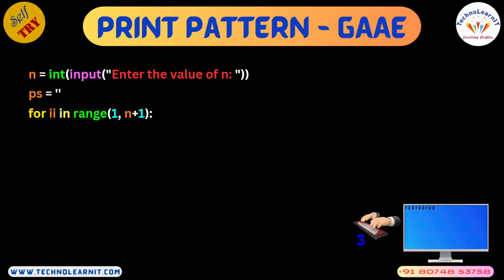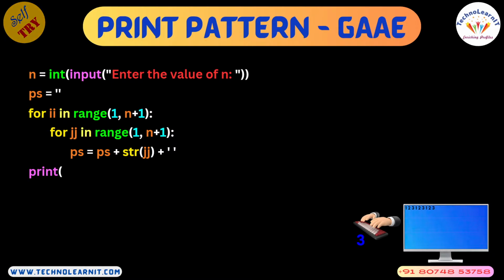So you mention n plus 1 as the end value, and you need an internal loop which always starts with 1 and goes up to n plus 1, meaning n plus 1 being exclusive, n would be the inclusive value. And you keep building up the print string by converting the integer jj into string and also appending a single space, so that you keep building that print string.